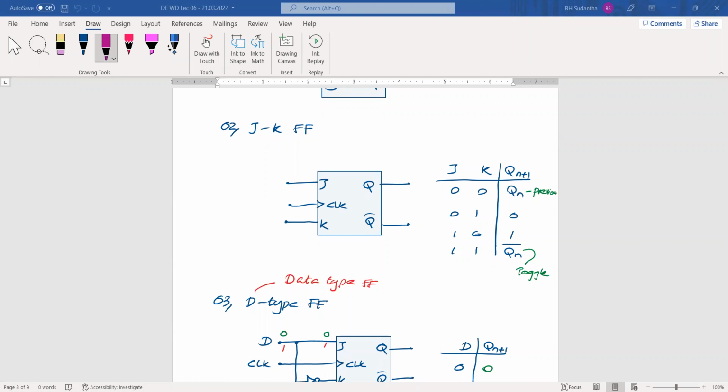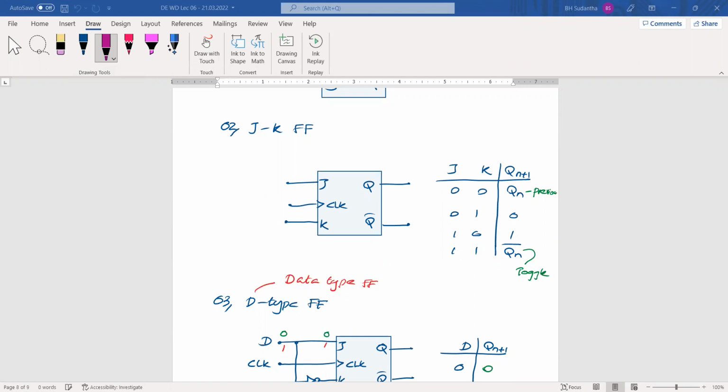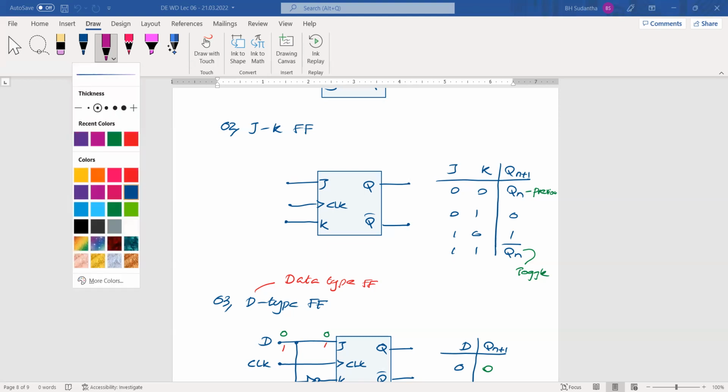Then today our topic is flip-flop applications. We have so many applications with flip-flops, but we are not going to discuss all of them here.